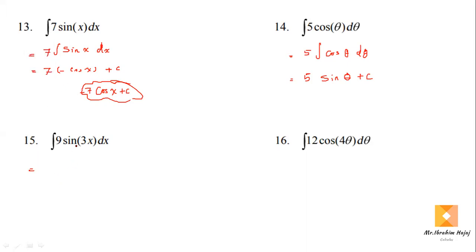Since we have 3, we write the 9 as a constant outside the integral, and then find the integral of sine 3x dx. 9 stays the same. Listen carefully, guys. Your voice is too low. Who's talking, guys?